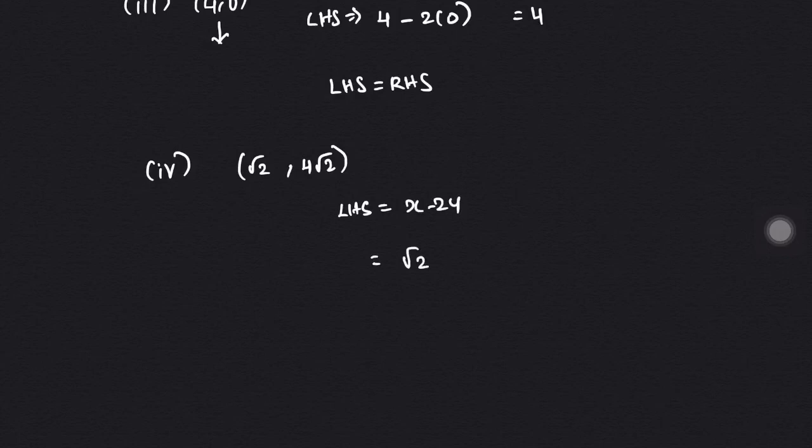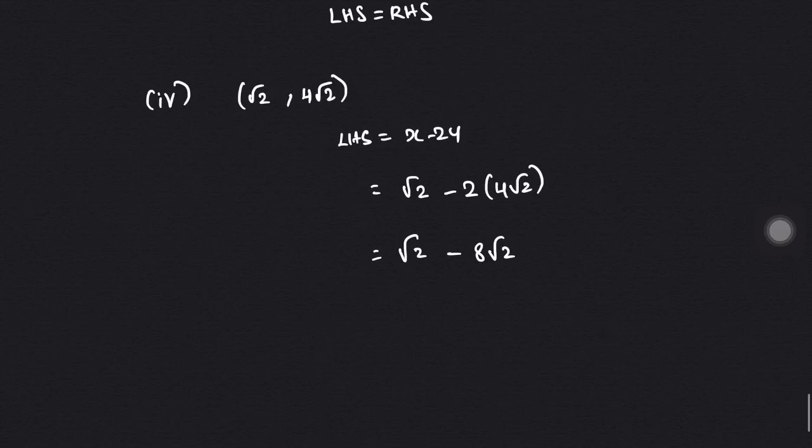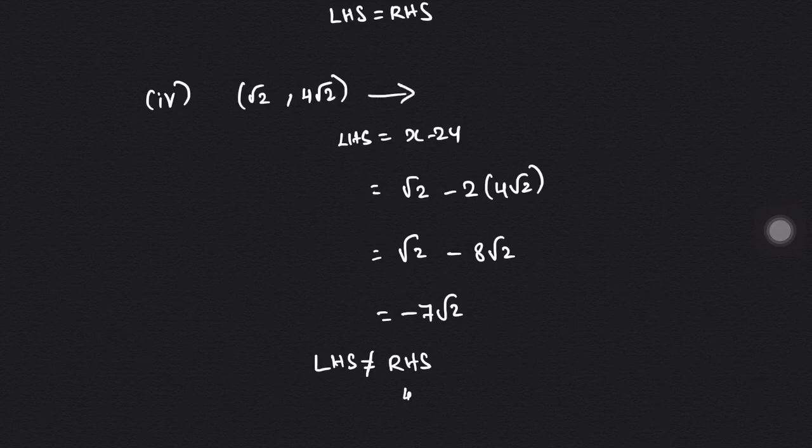So root 2 minus 2 times 4 root 2. Then finally we get root 2 minus 8 root 2, so the final answer is minus 7 root 2. So LHS is not equal to RHS, because on the right hand side we have only 4. So this point is not a solution of the linear equation.